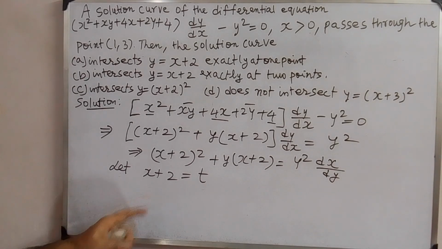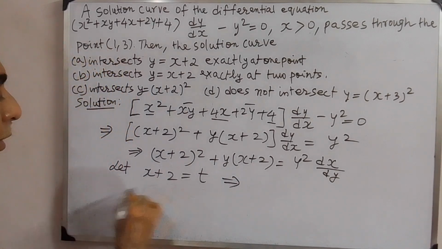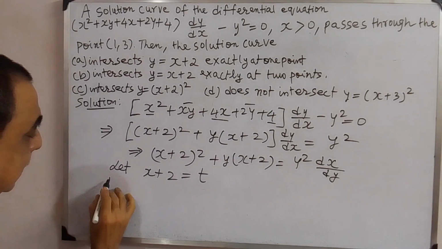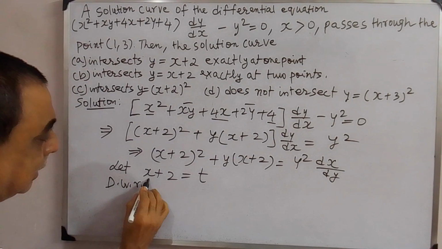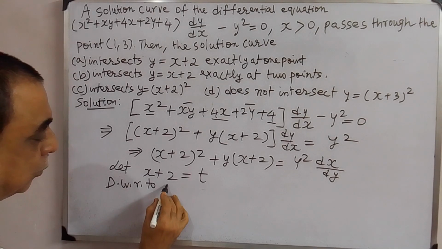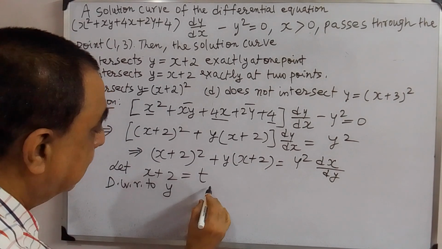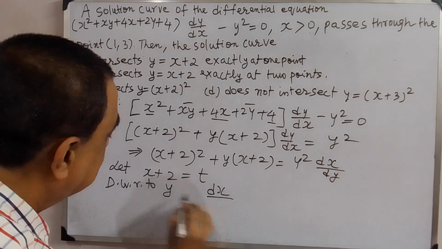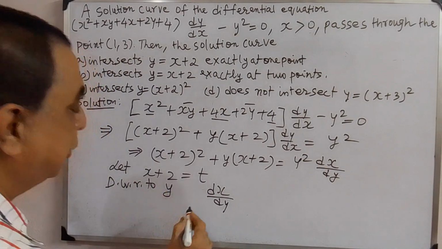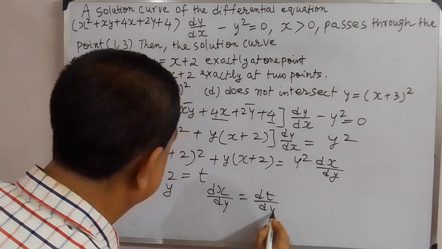Suppose x plus 2 equals t. If we differentiate both the sides with respect to y, we get dx by dy, and 2 is a constant so its differential coefficient will be 0, equals dt by dy.